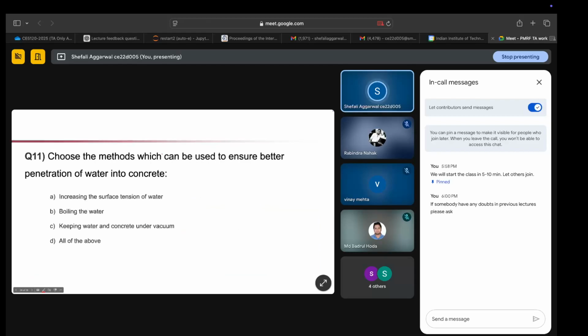Choose the method which can be used to ensure better penetration of water into concrete. Increasing the surface tension of water, boiling the water, keeping water and concrete under vacuum, all of the above. B, boiling the water. Any other option do you think which is correct?